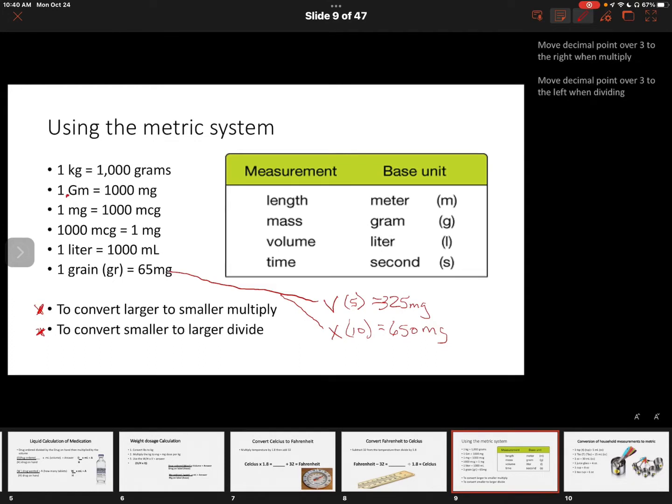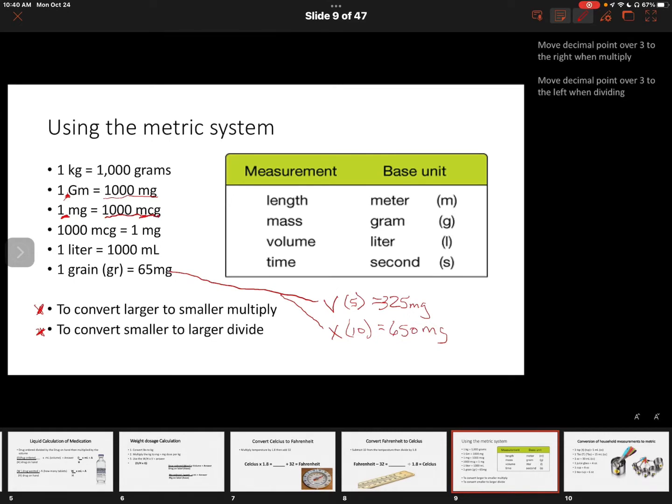Therefore, the general rule is taking 1,000 and multiplying it by 1, and you come up with 1,000 milligrams. This 1 milligram is larger than micrograms, so it's the same rule. You're converting large to smaller, and you're multiplying by 1,000, and that's how you get the 1,000 micrograms.